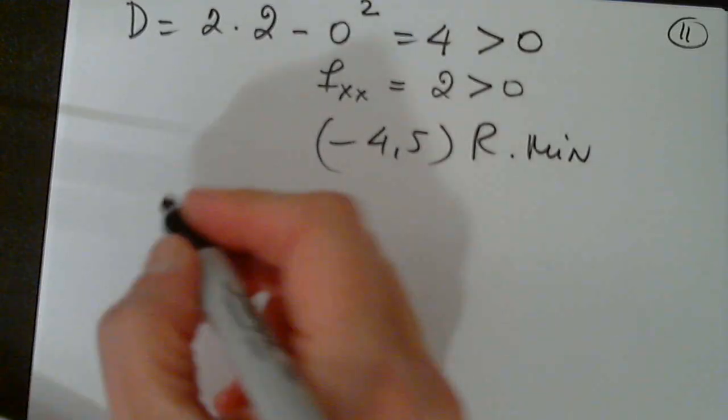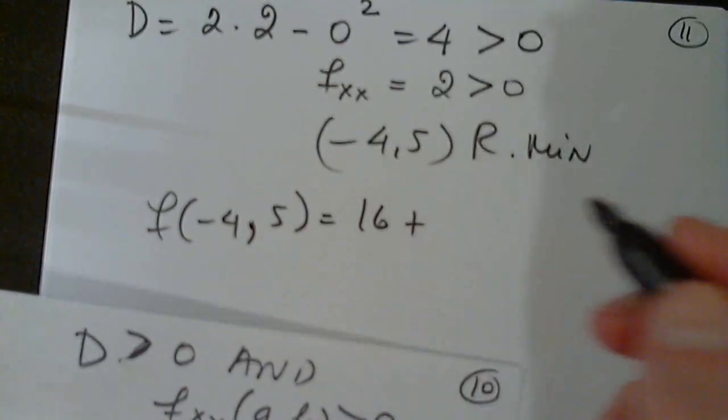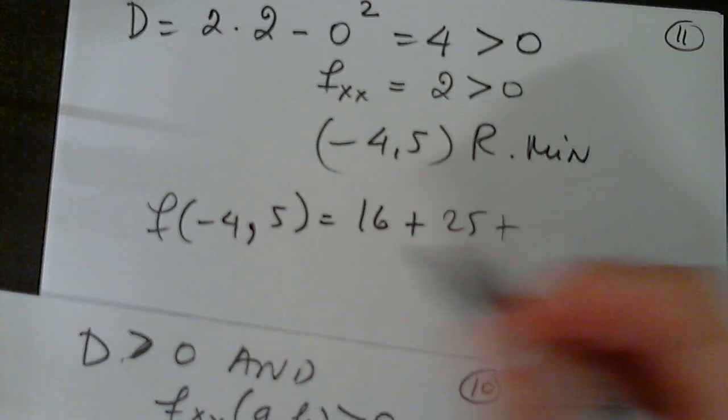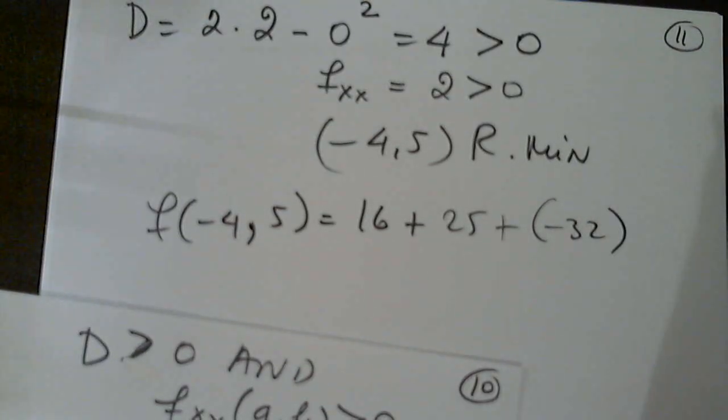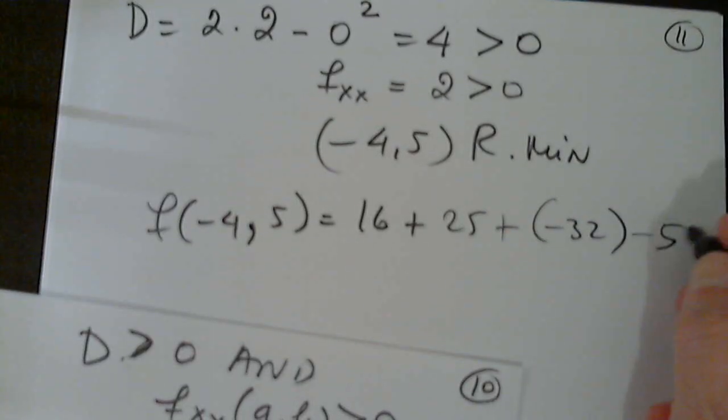So what is the relative minimum? It's r of negative 4 comma 5. So negative 4 squared, 16, plus 5 squared, 25, plus 8 times negative 4, negative 32, and 10 times 5, minus 50.